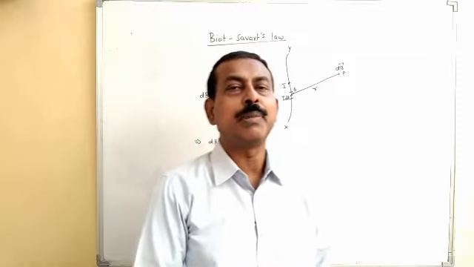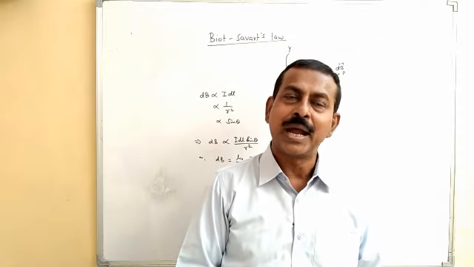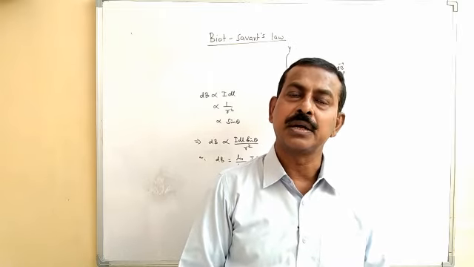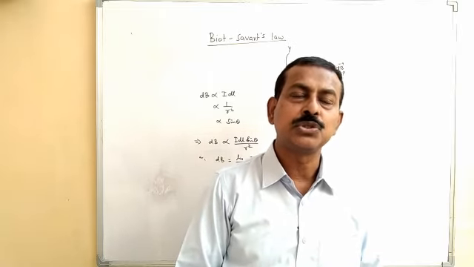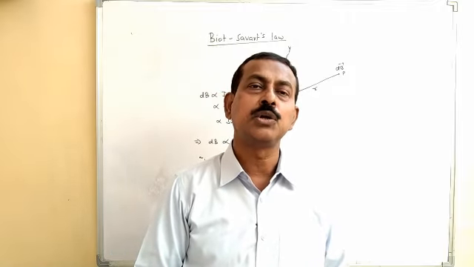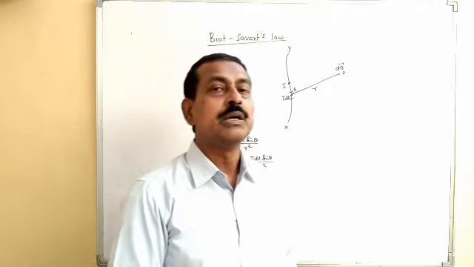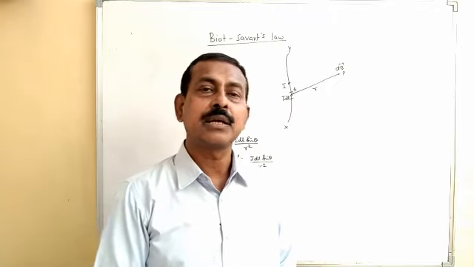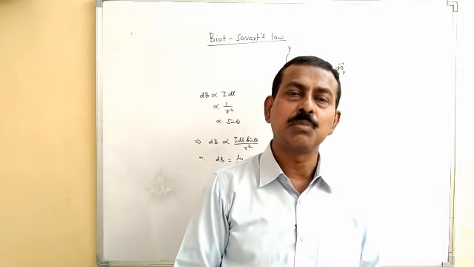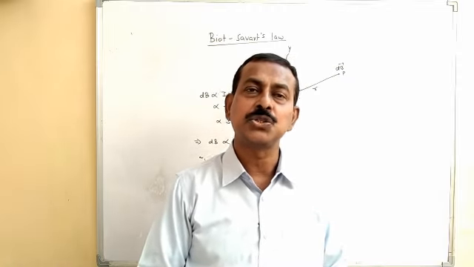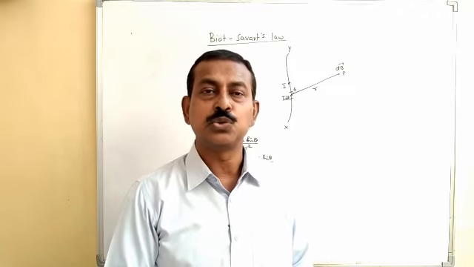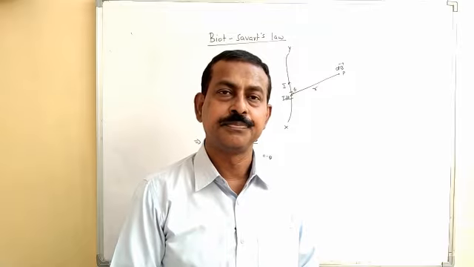So the statement of the Biot-Savart law was: magnetic field intensity at a point due to a current element is directly proportional to the magnitude of the current element, inversely proportional to the square of the distance between the observation point and the current element, and directly proportional to the sine of the angle between the direction of the current element and the line joining the current element to the observation point.